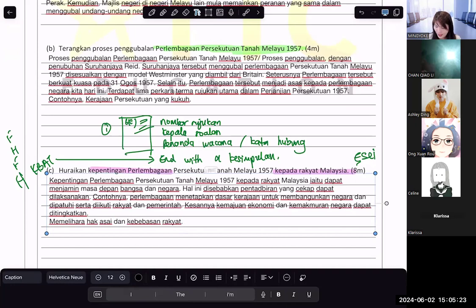Hal ini dengan mengadakan dan mengambil bahagian dalam pembentukan kerajaan.